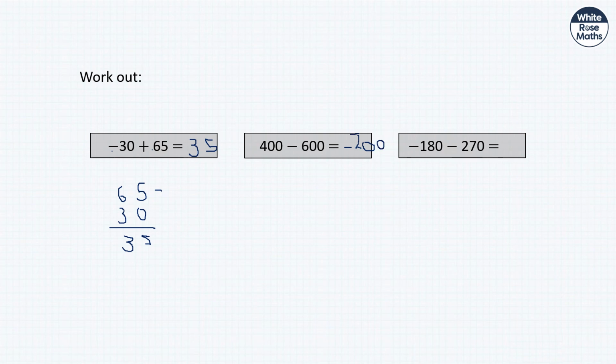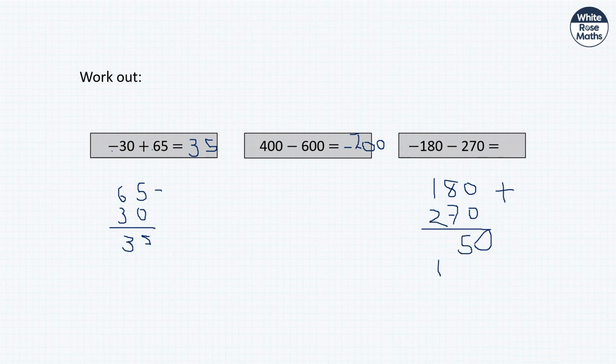Okay, this next one, minus 180, minus 270. So here there's a little trick. I can do 180 plus 270 and then just stick a minus sign at the front. 0 add 0 is going to be 0. 8 add 7 is going to be 15, so 5.